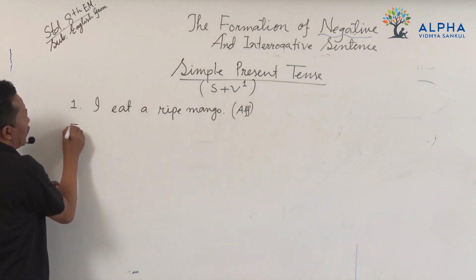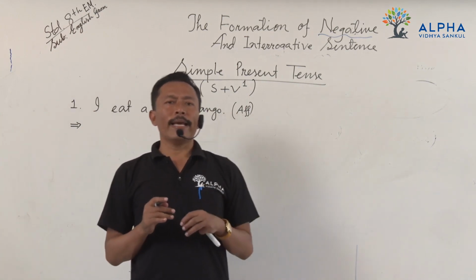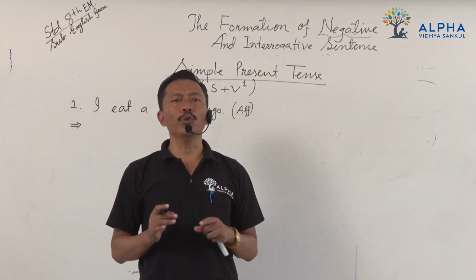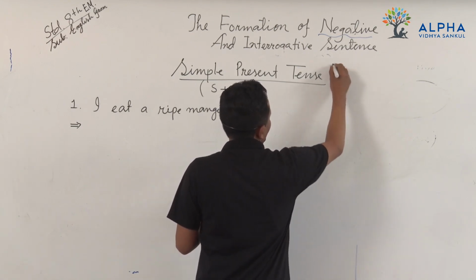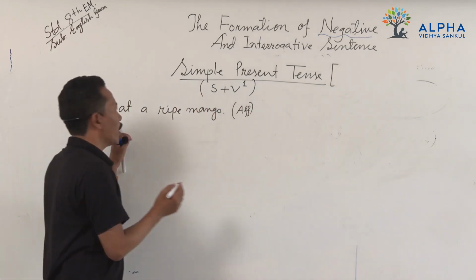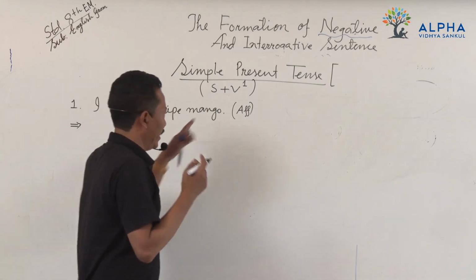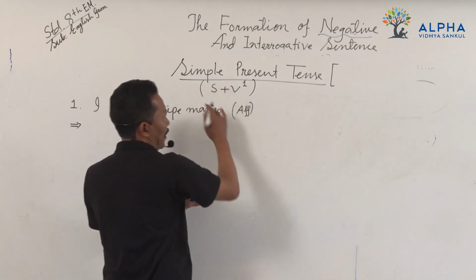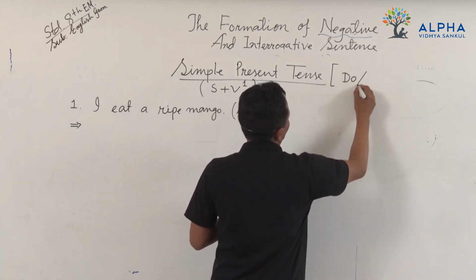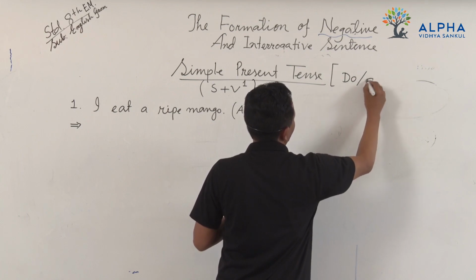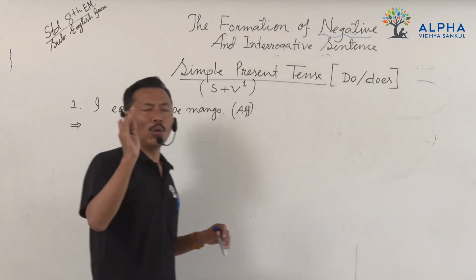If we want to change it into negative, what I explained is that we have to use not just after the auxiliary verb. But here is no auxiliary verb. And what shall we do now? This time, don't forget, for the simple present tense, we have to use do or what? Does. And this is the rule.